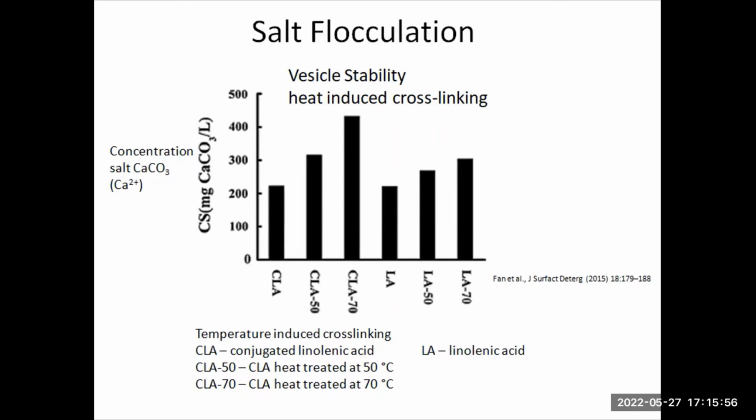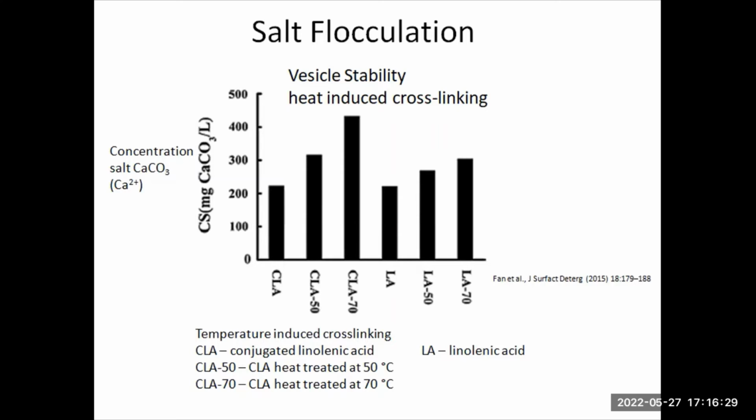So in this graph, we've plotted the vesicle stability for the system as a function of concentration of these calcium ions. For example, for conjugated linolenic acid, we can have up to a concentration of about 220 in these units, milligrams per liter of calcium ions.